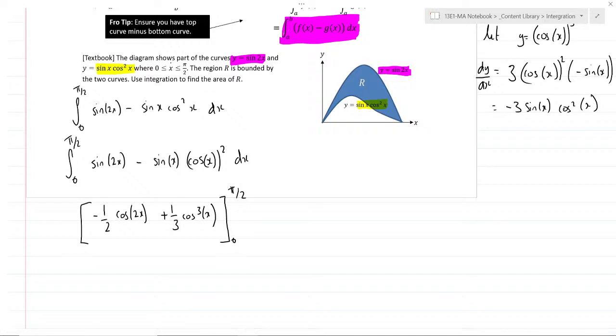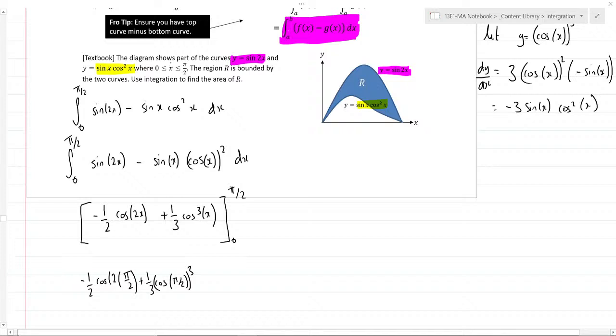If you put that in your calculator, does it give you an exact answer, or does it give you a decimal? Probably would try it. So then I need to do minus a half cos of 2 times by pi over 2 plus a third cos cubed. So in fact, I'm going to write it as cos of pi over 2 all cubed, because that's how you're going to have to put it in your calculator.